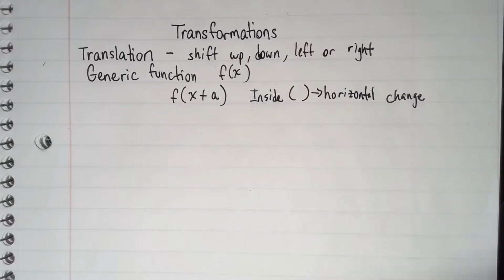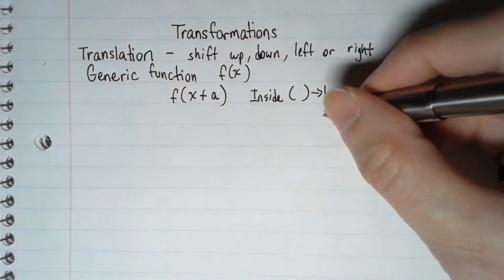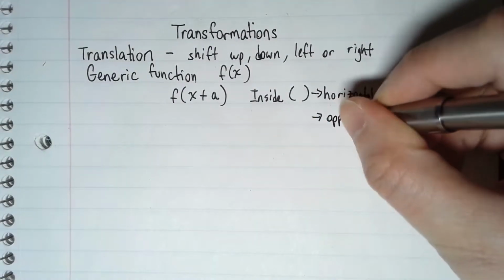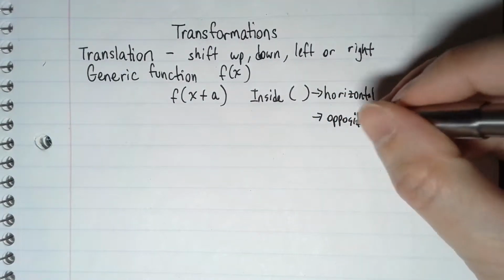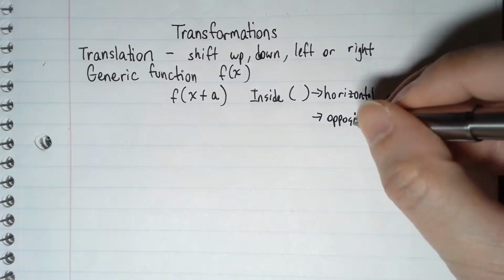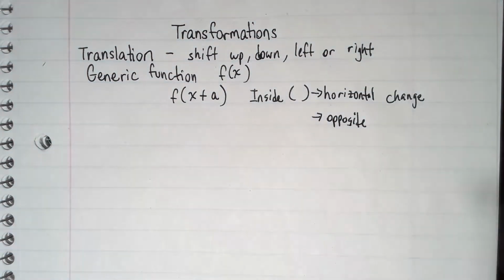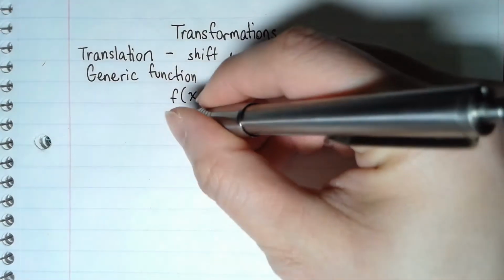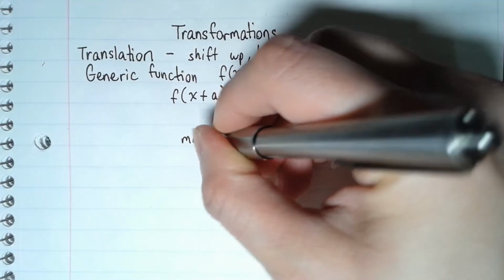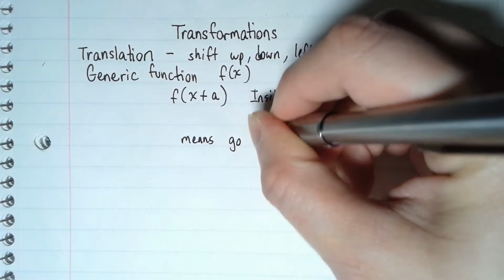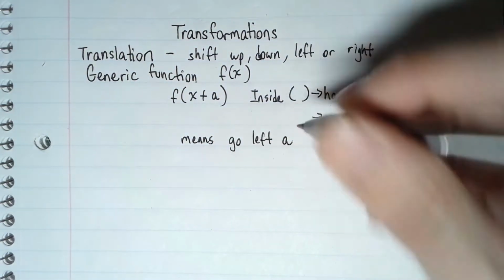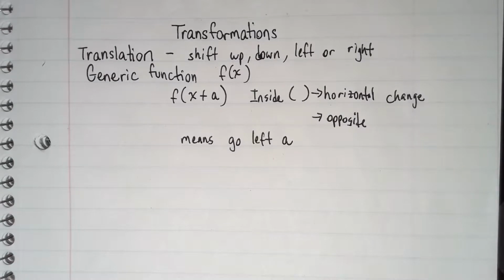However, you have to think of the opposite. So, for example, adding, you think go to the right, but actually this means go left. The amount of whatever A is.